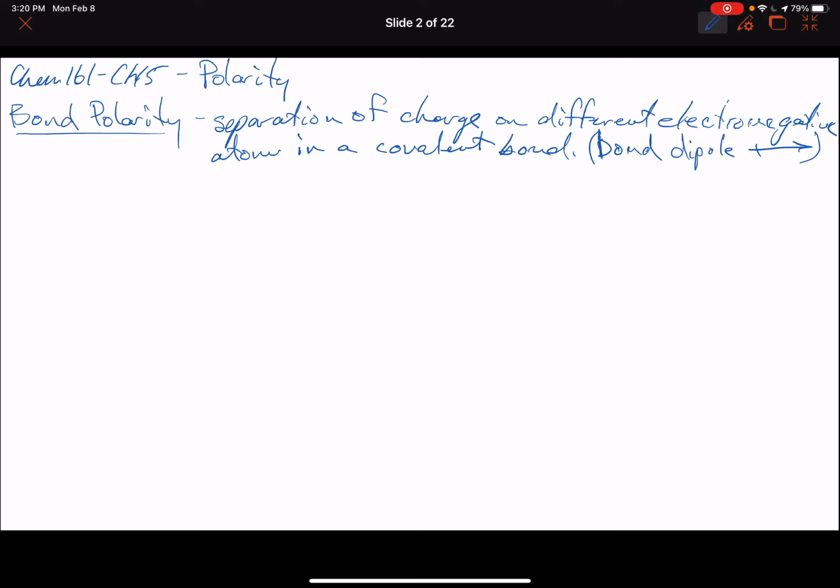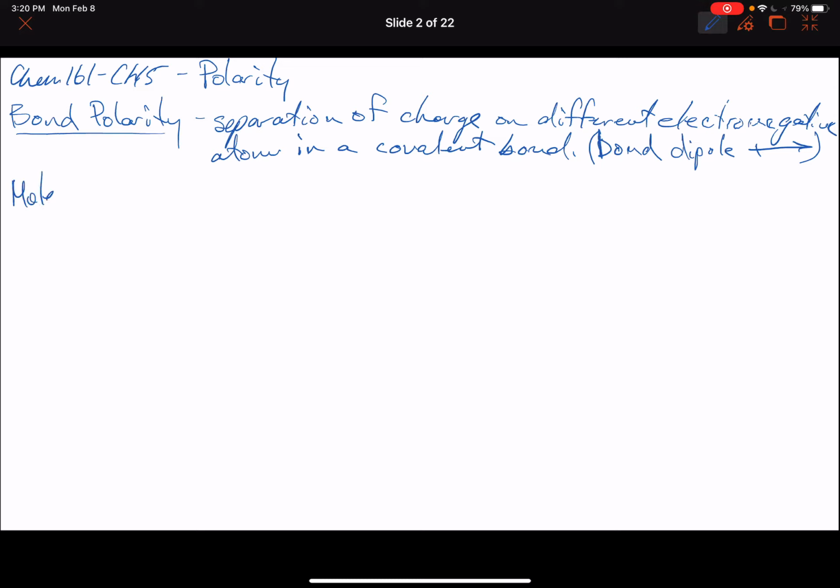Now in molecular polarity, we're going to sum many of these bond dipoles over the whole structure and respect both the magnitude of the dipole as well as its direction to determine the overall molecular polarity.